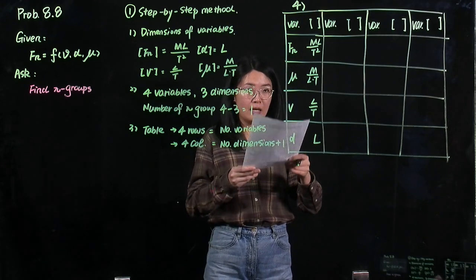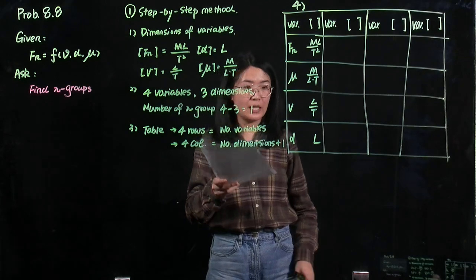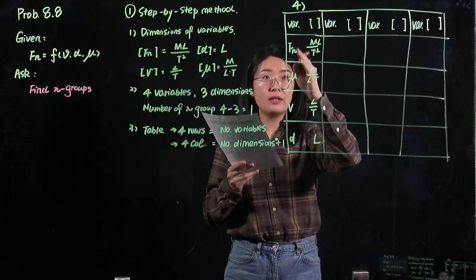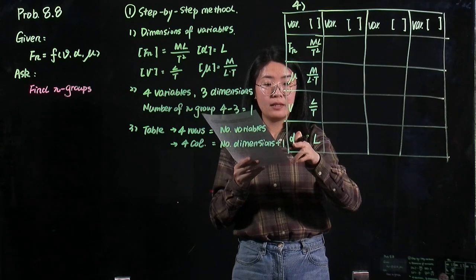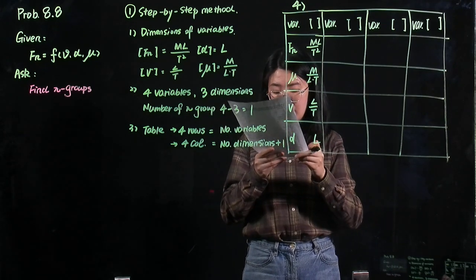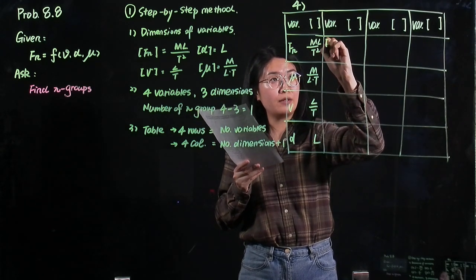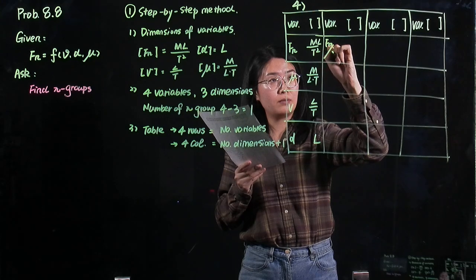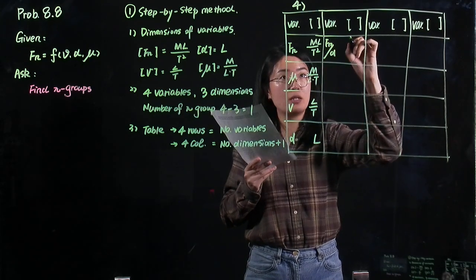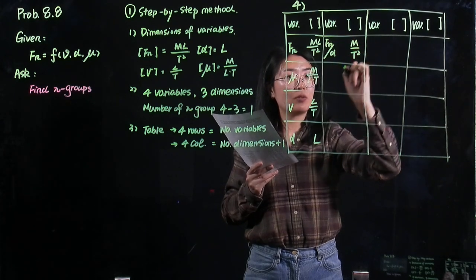And then in the next step, we want to select D to eliminate L. So we use all the variables to divide by the parameter D here. So the second column will be Fd divided by D. Its dimension, we cancel L here, so it's M over T squared.